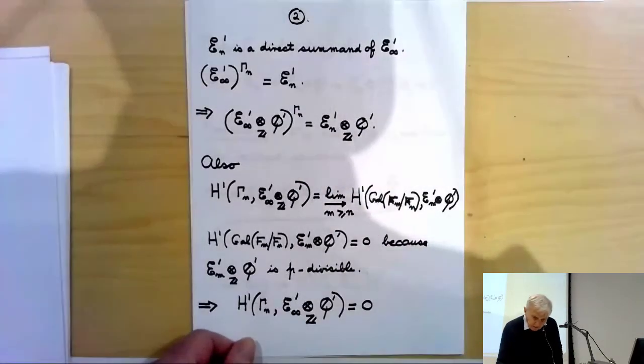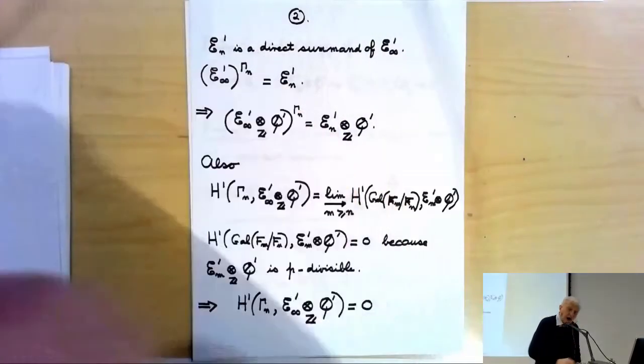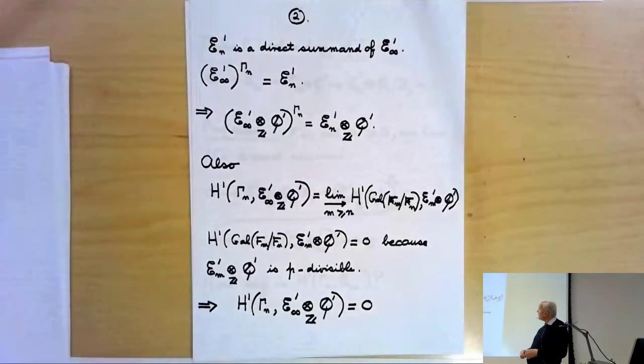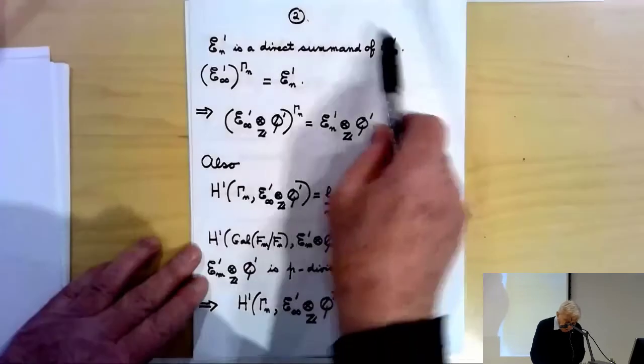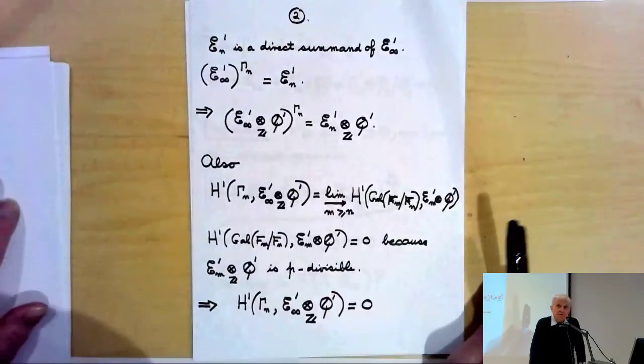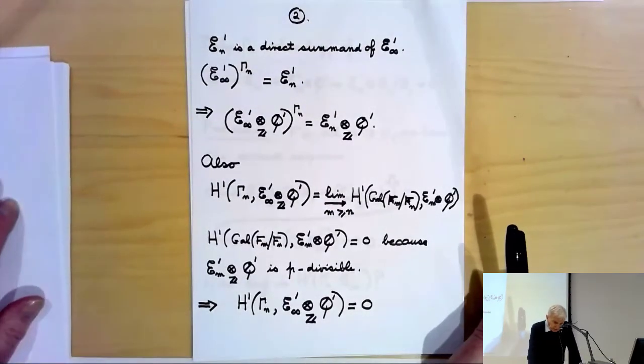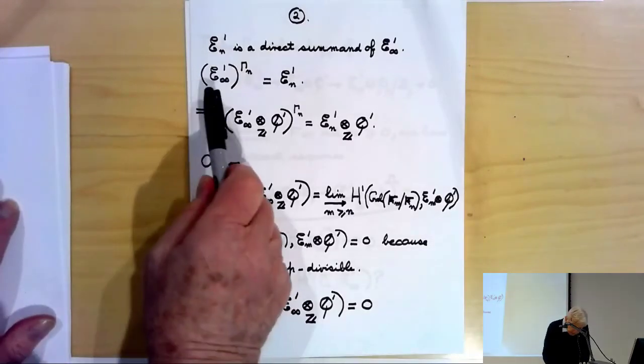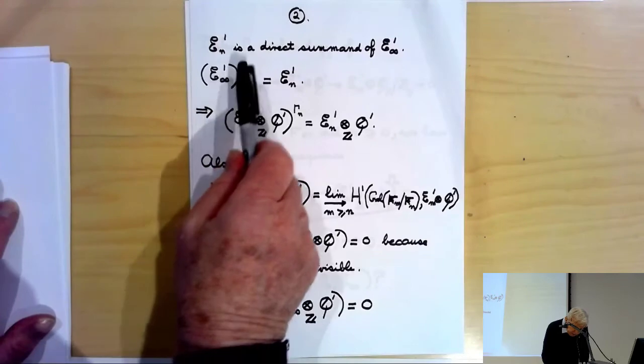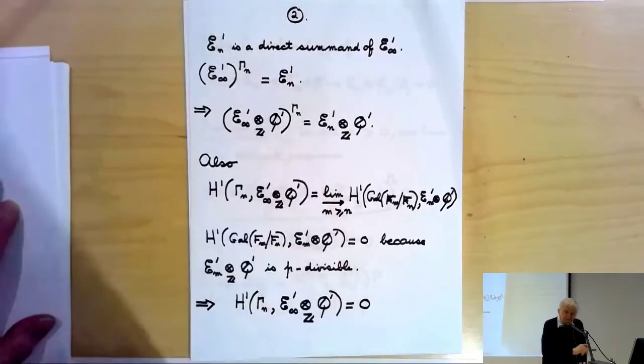So now let's remember that E_n prime for every finite n is a direct summand of E infinity prime. This is one of the things I gave this very simple argument to prove at the end of last lecture. And moreover, that the E infinity prime fixed by Gamma_n is the same as E_n prime.